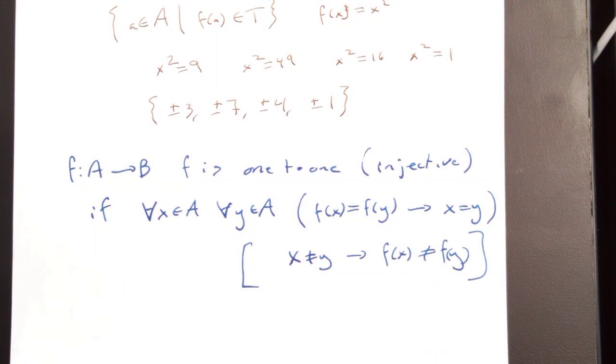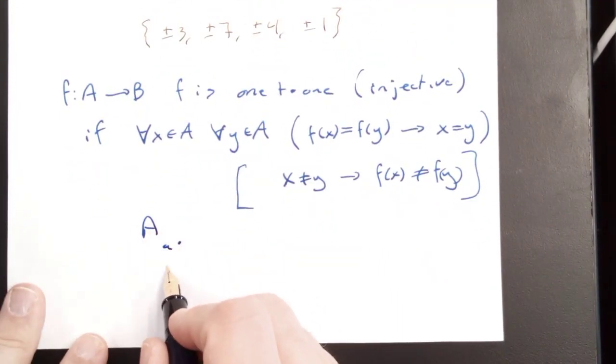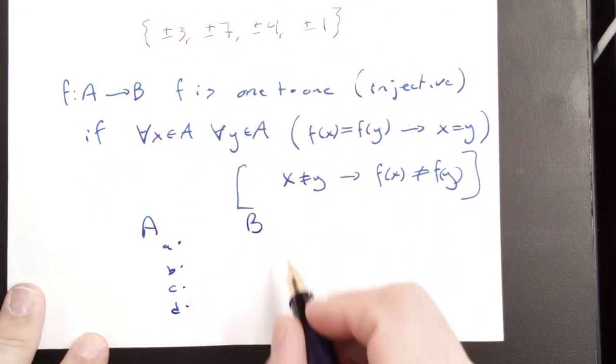Okay. I think I get why they're calling it an injection. Each one is in to one and only one thing. I see little arrows in my head. I have my domain over here, my set A. I have my range over here.